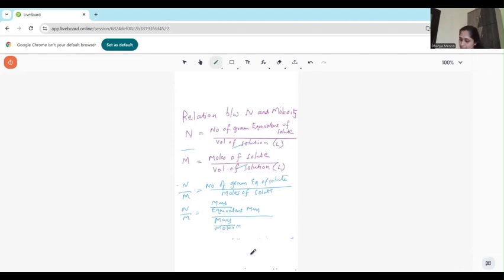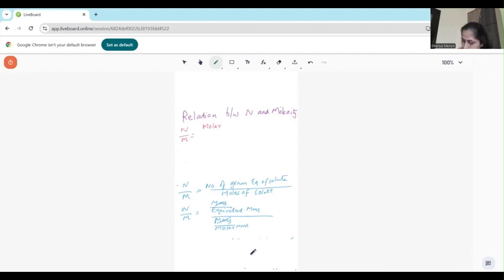It does cancel. Mass and mass get cancelled. So N by M, I'm left with what? Molar mass or molecular mass by equivalent mass, because molar mass is going to the numerator side.